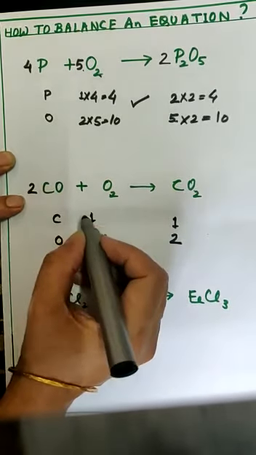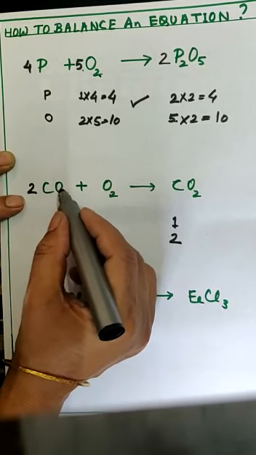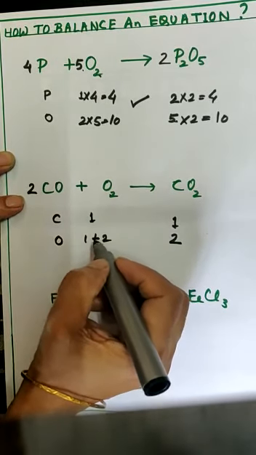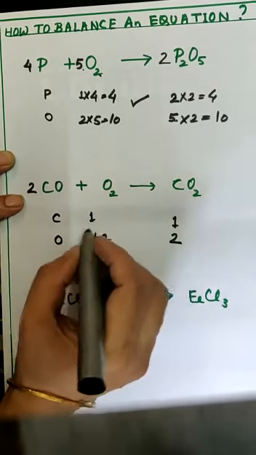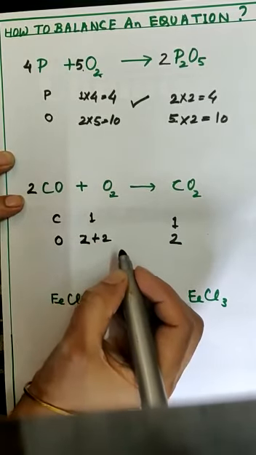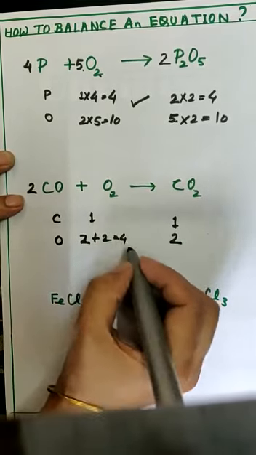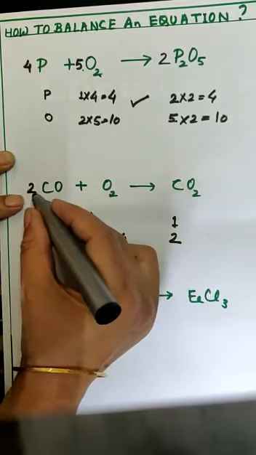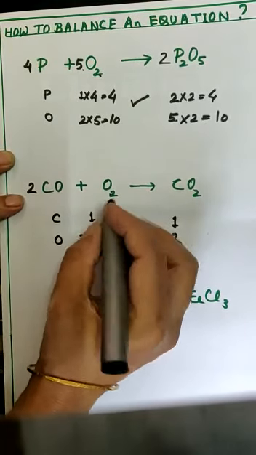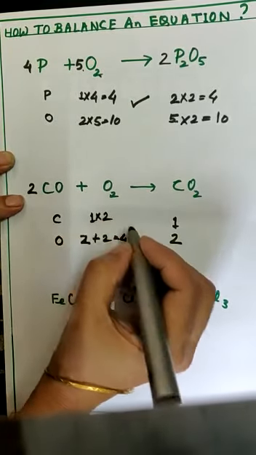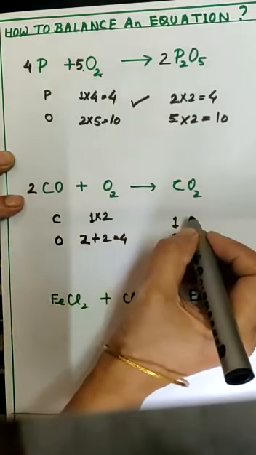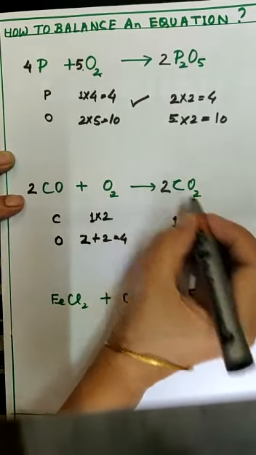2 is the smallest number by which, by multiplying with it, an odd number can become even. So now it will become 2 plus 2, that is 4. Now have a look. By writing 2 over here, carbon atoms have also increased from 1 to 2. For making carbon 2 this side, we must write here 2.